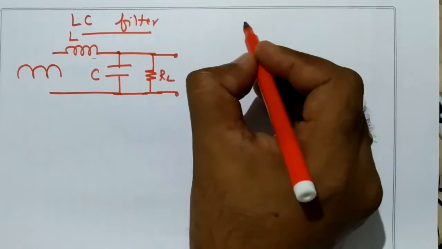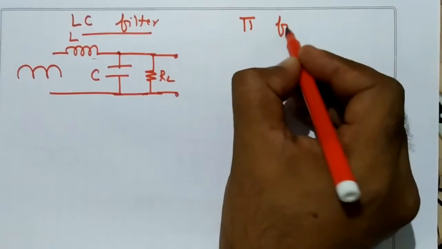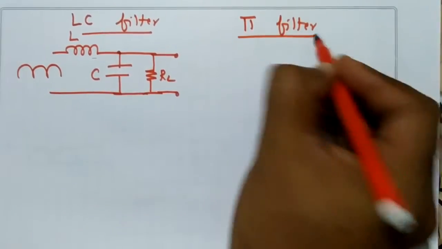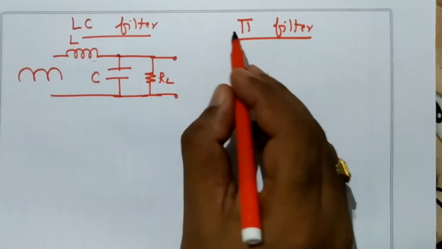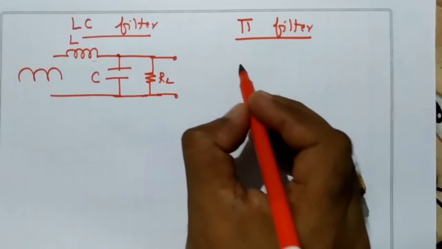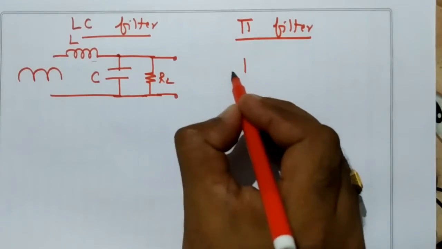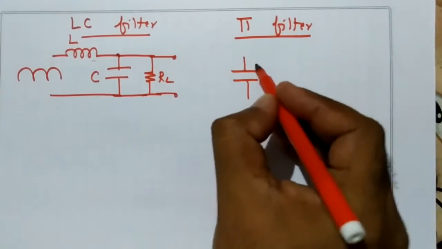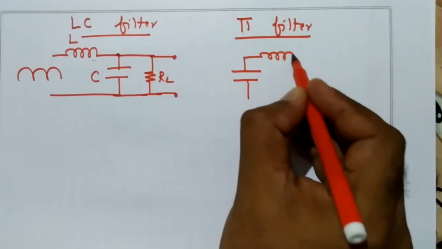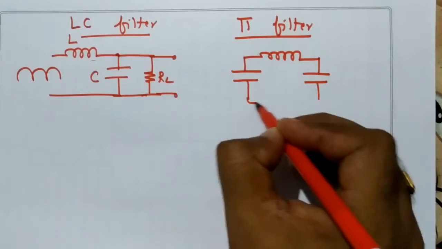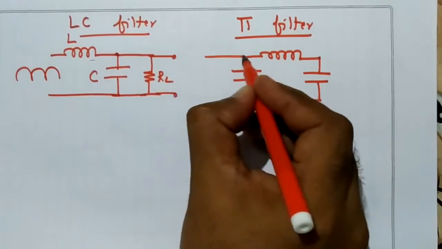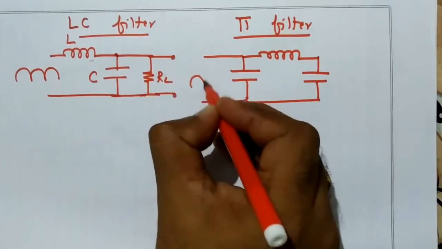Next one is called as pi filter. What is pi filter? It is nothing but a combination of three filters. One is shunt capacitor filter, another one is series inductor filter, and third one is shunt capacitor filter. And here the pulsating DC is applied.